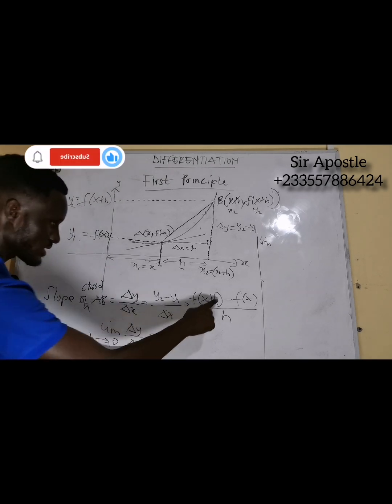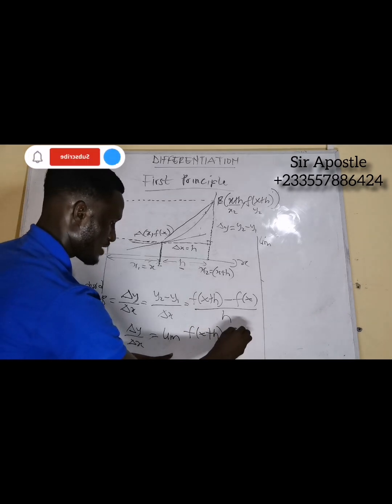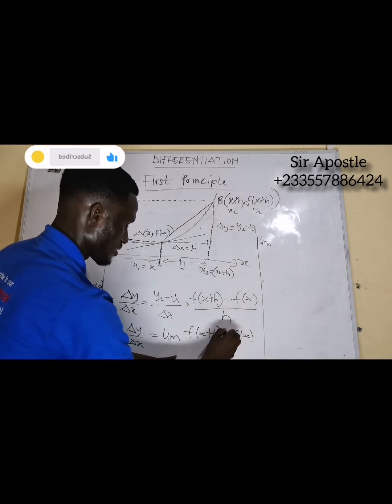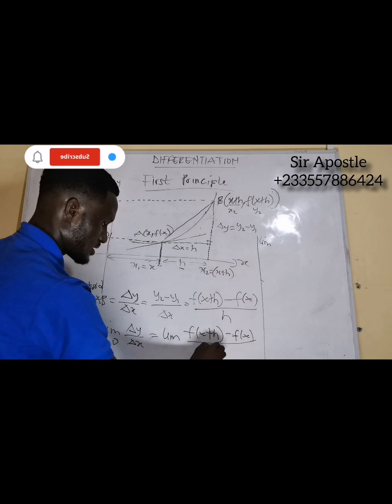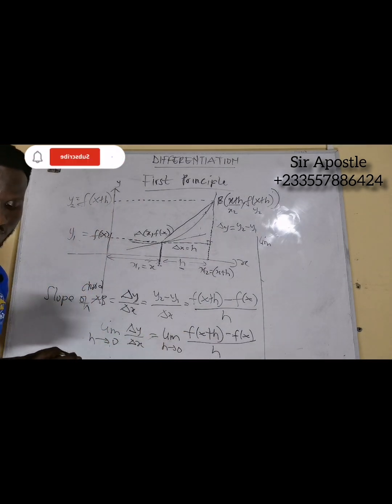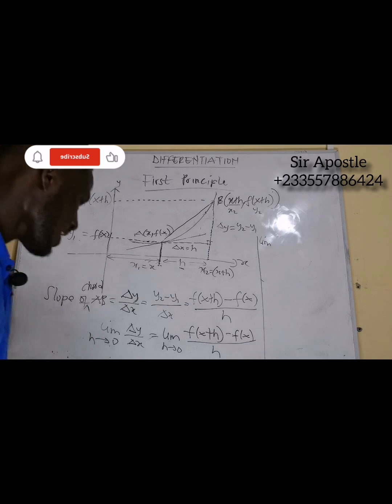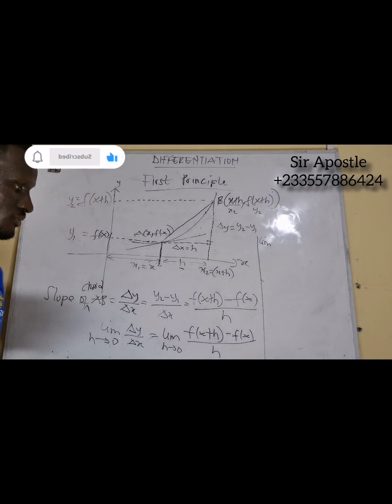And the whole of this one is the same as f of x plus h minus f of x over h, where the h is approaching 0.